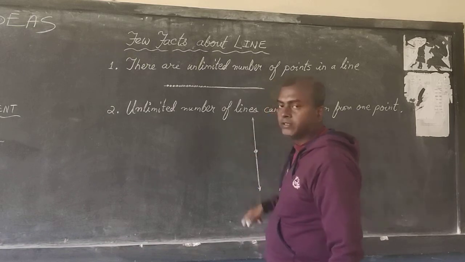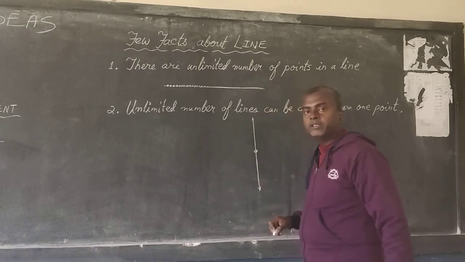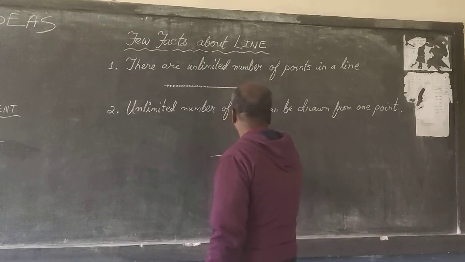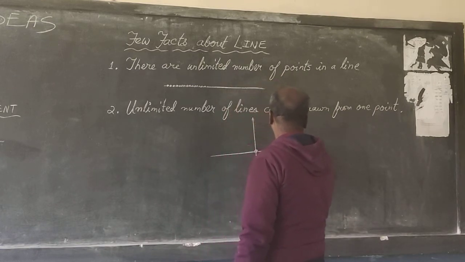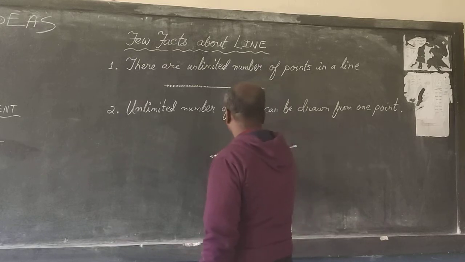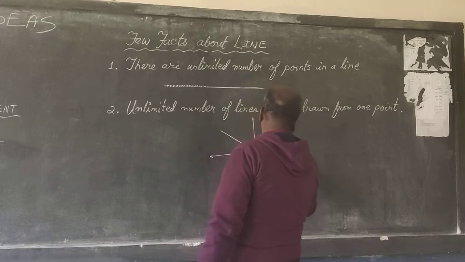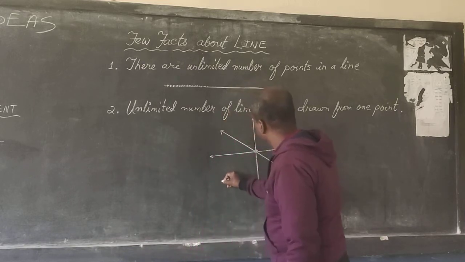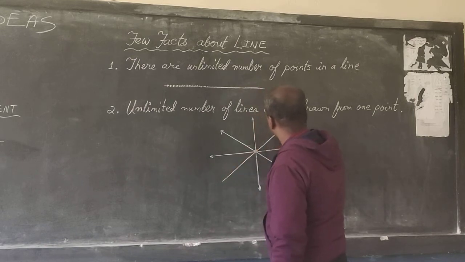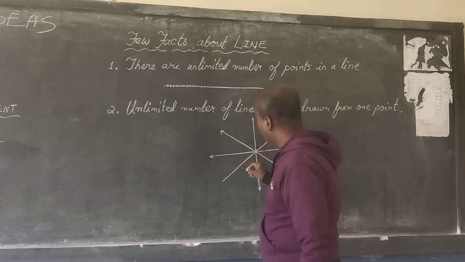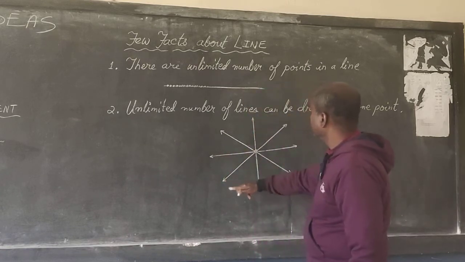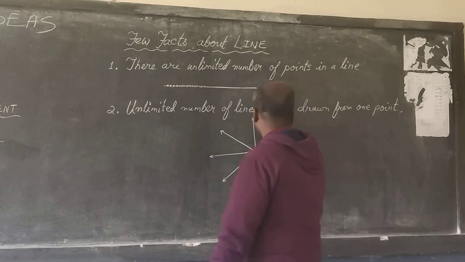Remember, a line is indefinite, so arrows can be given on both ends. Then another line. Another line. Another line. You can keep track of how many lines I have drawn till now: 1, 2, 3, 4. Let's see how many more can be drawn.